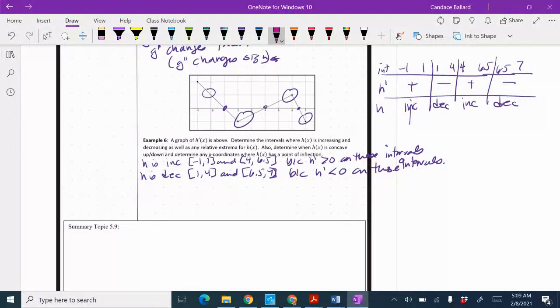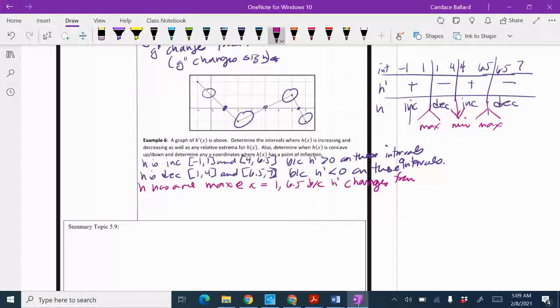Okay, and then we got to look at relative maxes and mins. So increasing to decreasing, decreasing to increasing. So we've got 2 maxes and 1 min. So h has a relative max at x equals 1 and 6.5 because h prime changes from positive to negative at these values.